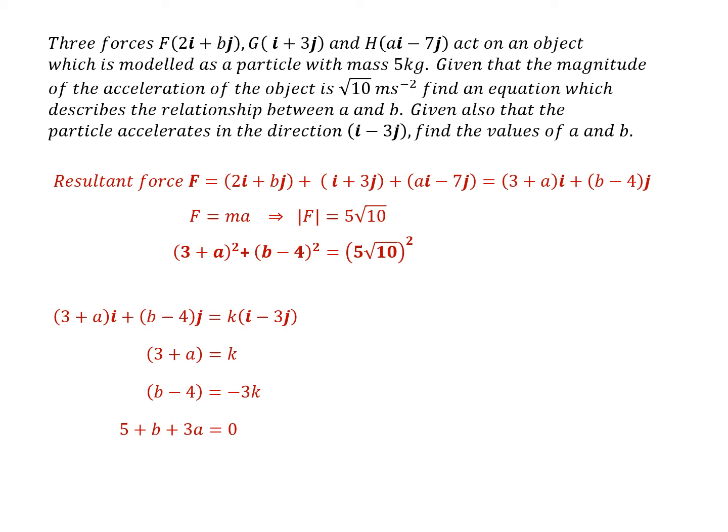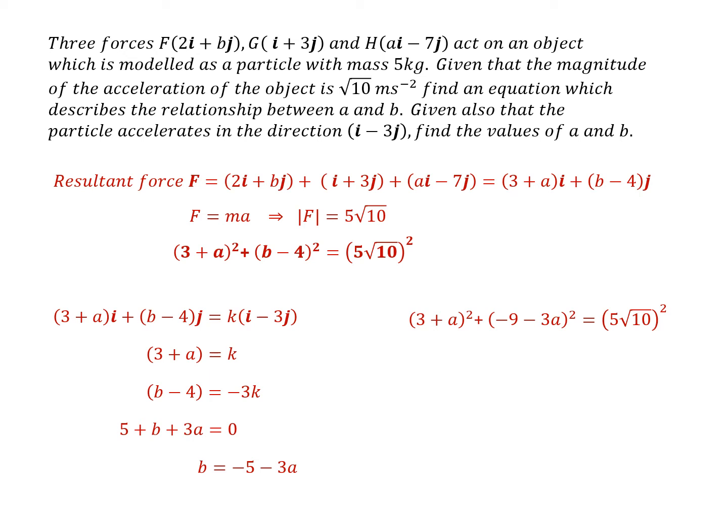So I can rearrange this to give me b, and then I can substitute this for b into that equation, and finally I've got an equation which has just got one letter in it. So this equation now is reasonably straightforward to solve.